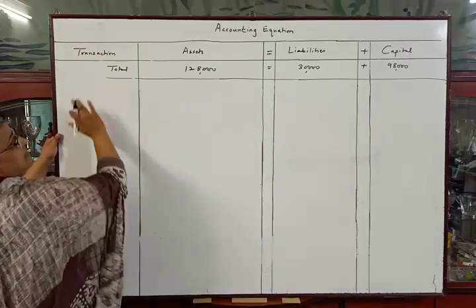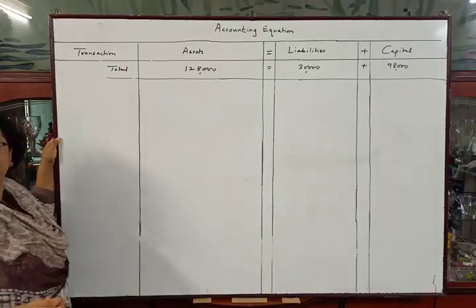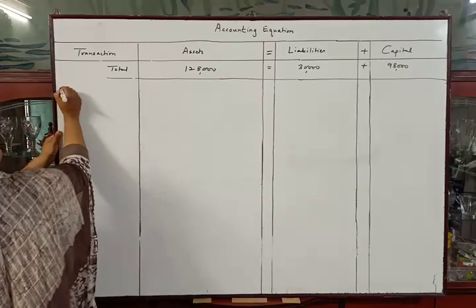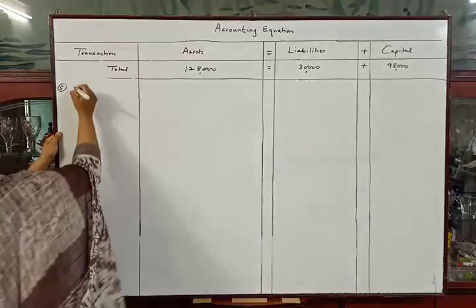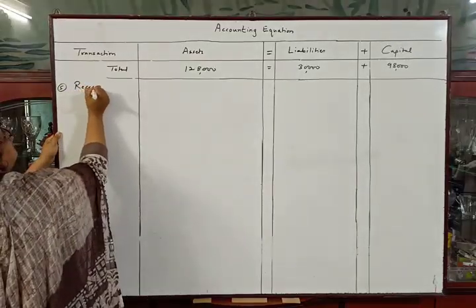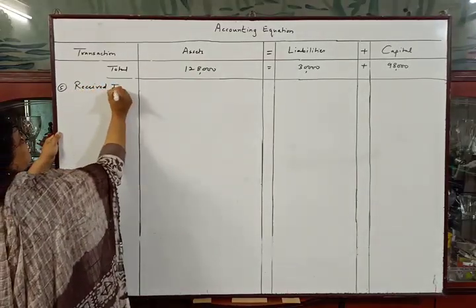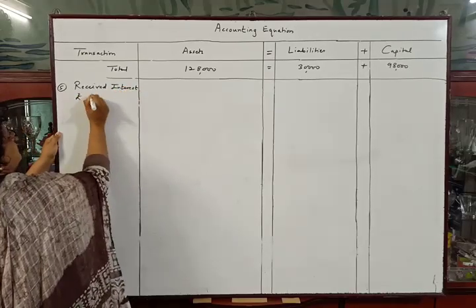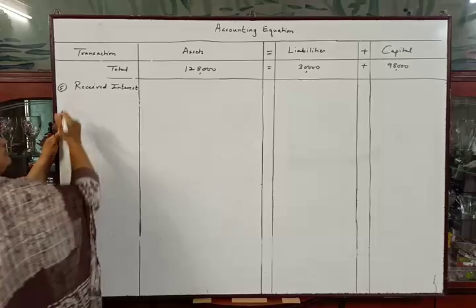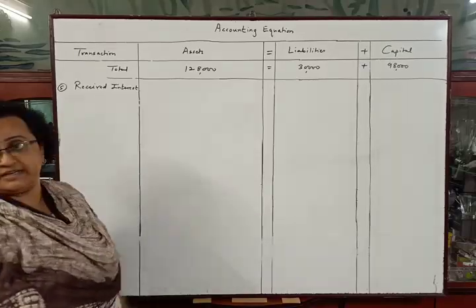Assume this is the second page of mine. Now the fifth transaction, it is received interest rupees 4,000. So received interest rupees, no need of writing the amount, received interest.